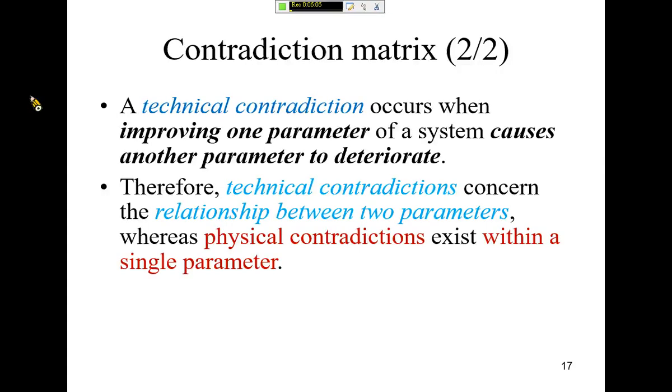This conflict means a technical contradiction. Compared to a physical contradiction, a technical contradiction concerns the relationship between two factors, while a physical contradiction concerns only one single parameter. That's the difference between the technical contradiction and the physical contradiction.